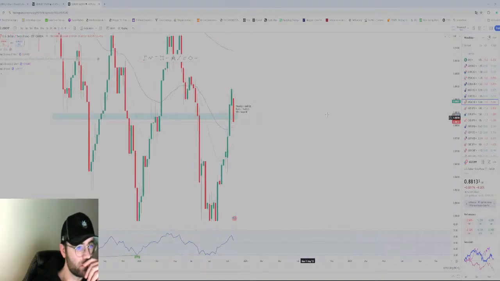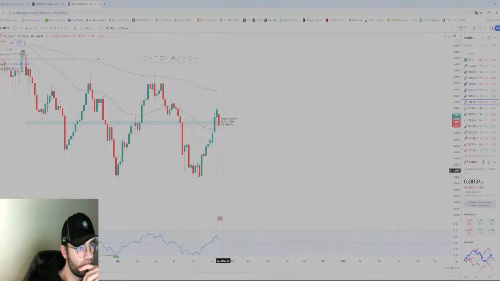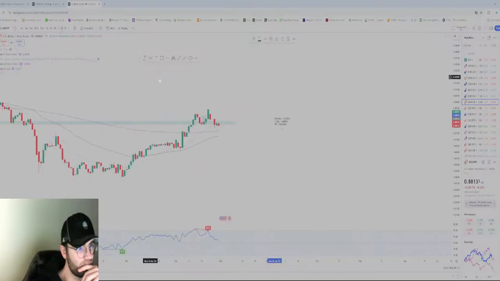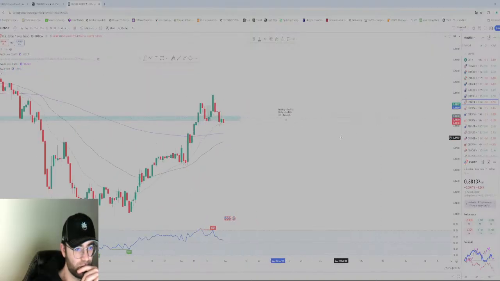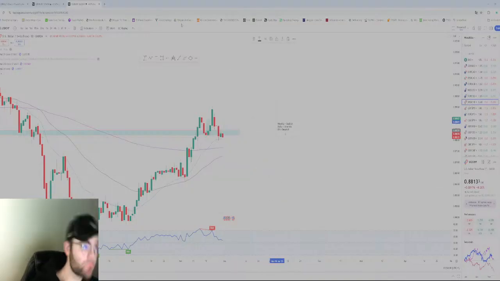Weekly still bearish. No, right? No. Yeah, the weekly is bullish. Weekly is bullish. Daily became bearish. Which probably makes 4-hour bearish as well.